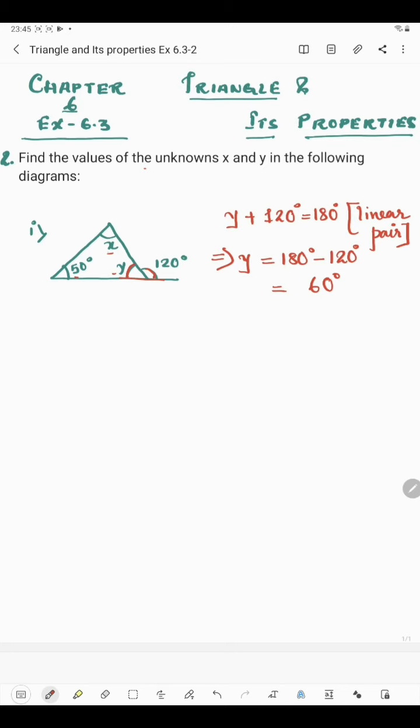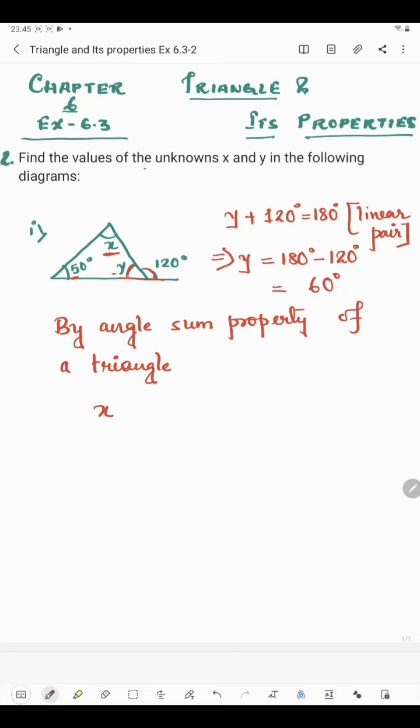Now here x, y and 50 degree are the three angles of a triangle, and we know that the angle sum property of a triangle is that the sum of the three angles makes 180 degree. So we'll write, by angle sum property of a triangle, x plus 50 degree plus y is 180 degree.